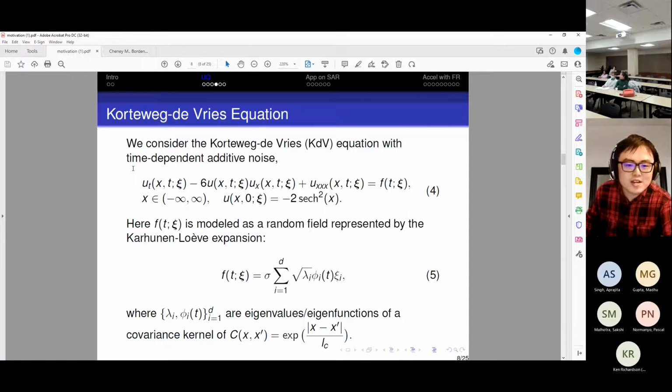We have a KdV equation. This is the equation used to describe shallow water waves. It has many different kinds of soliton solutions. And I describe them using a random field like this.